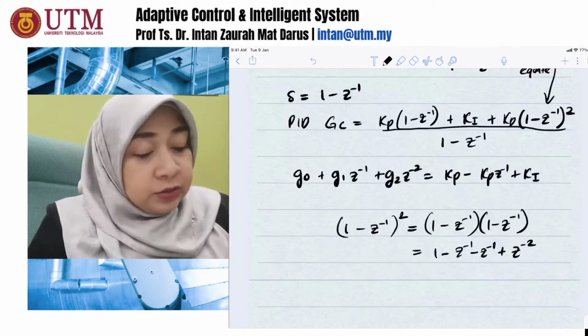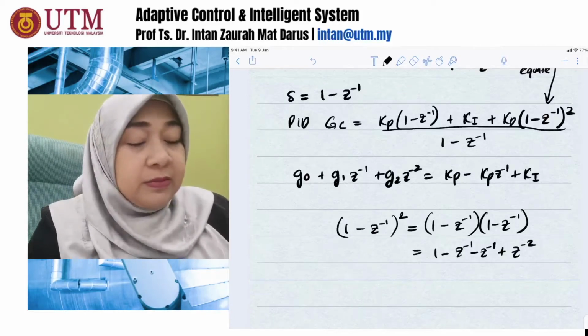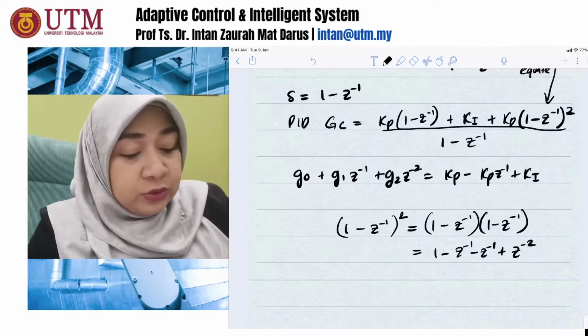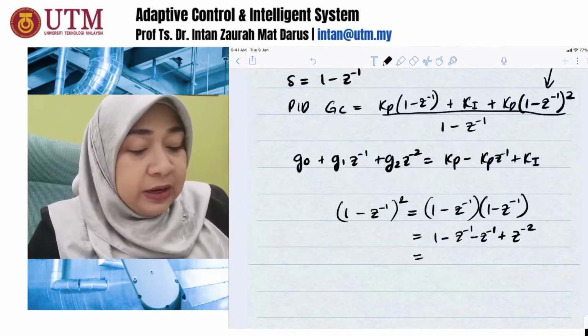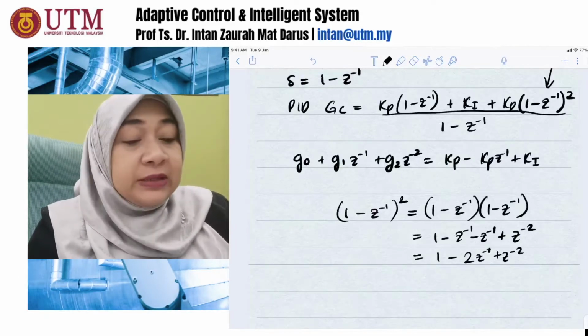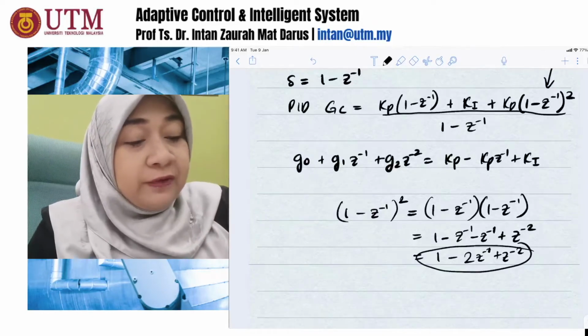Because you have z minus 1 multiplied by another z minus 1, it becomes z minus 2. The negative and negative become positive. That will give me 1 minus 2z minus 1 plus z minus 2 for the square of 1 minus z minus 1, which will be multiplied with my value of KD.